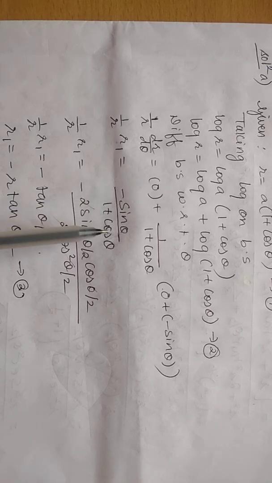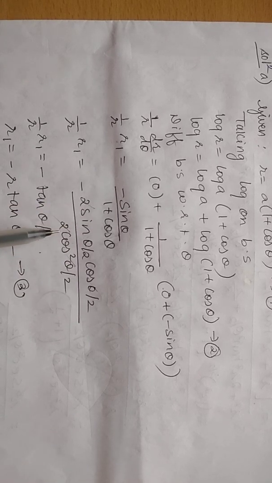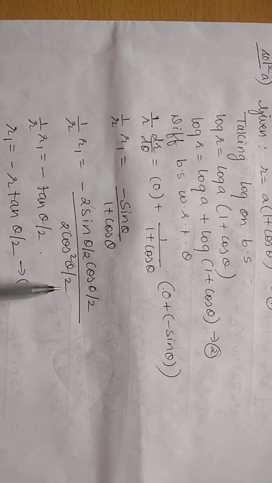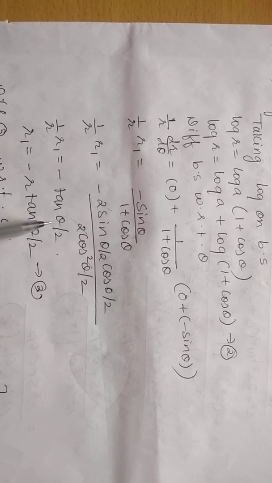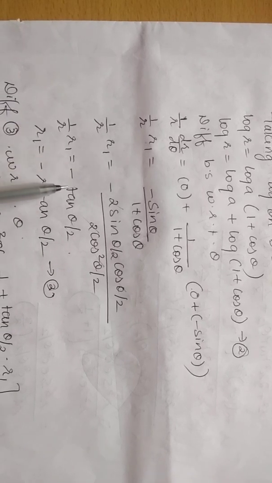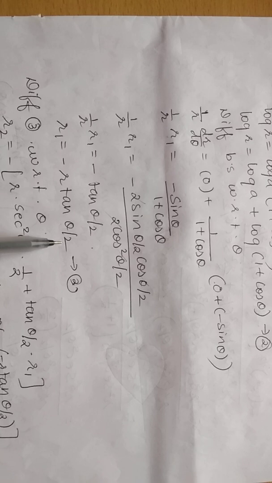Minus sin θ is 2 sin θ/2 cos θ/2, and 1 + cos θ is 2 cos² θ/2. The 2 will get cancelled, cos θ/2 will get cancelled, that will remain with tan θ/2. So 1 by r into r1 = minus tan θ/2. Shifting this r this side, you will get r1 = minus r tan θ/2, equation number 3.